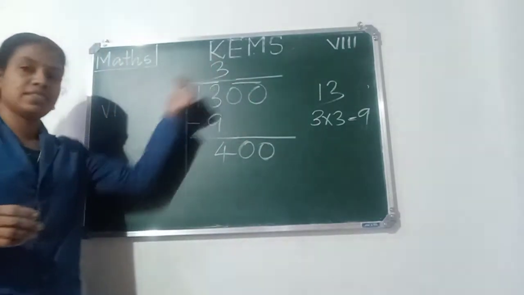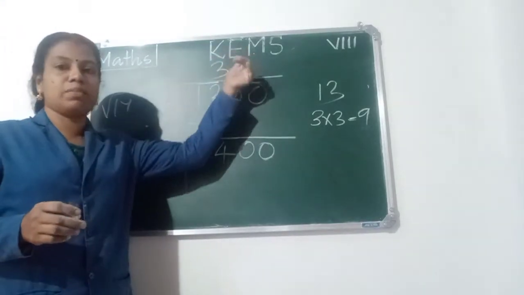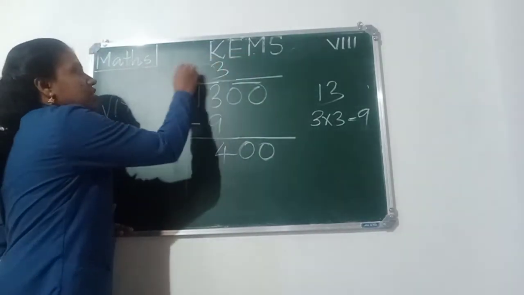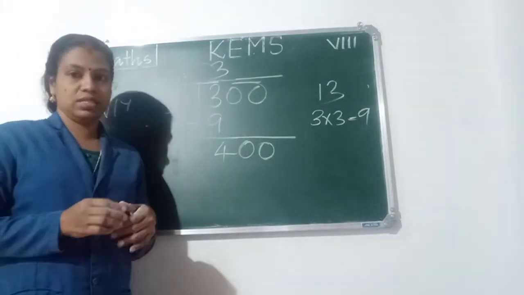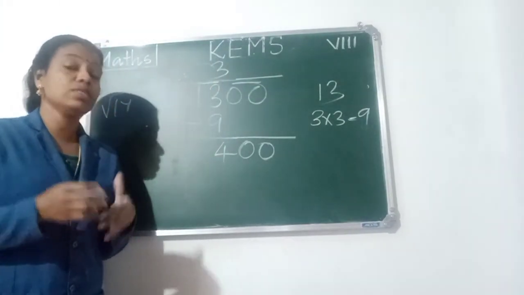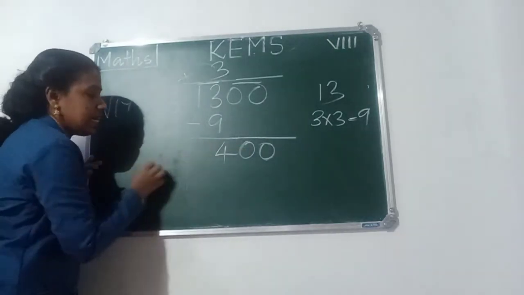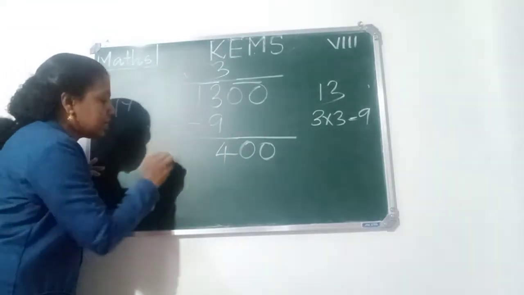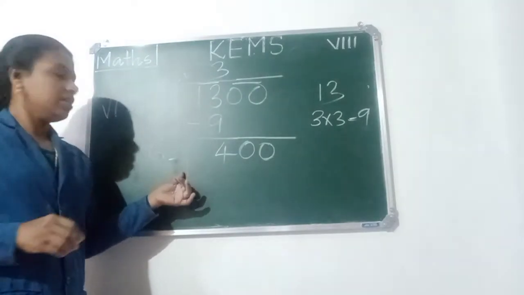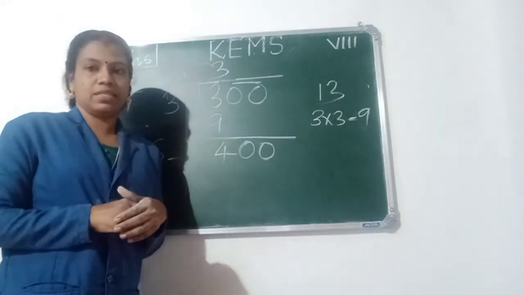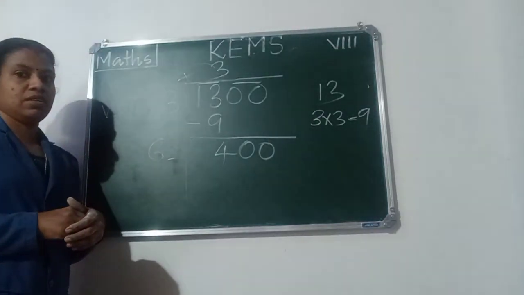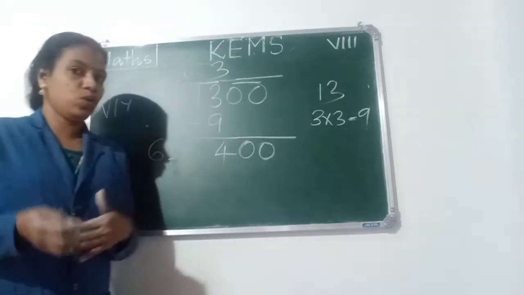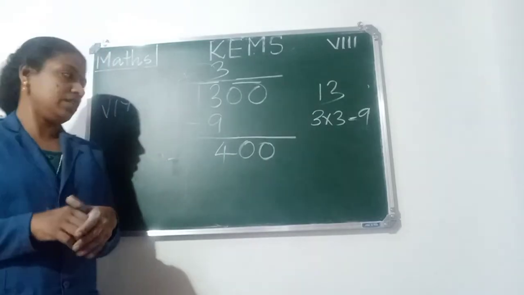What is next? Find the sum of divisor and quotient. That is 3 plus 3 equal to 6. Write that 6 near 400 with a blank space, a place for writing the next digit of the divisor and quotient.